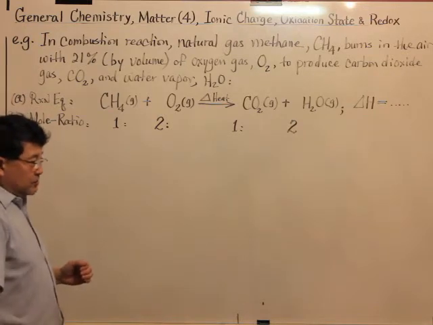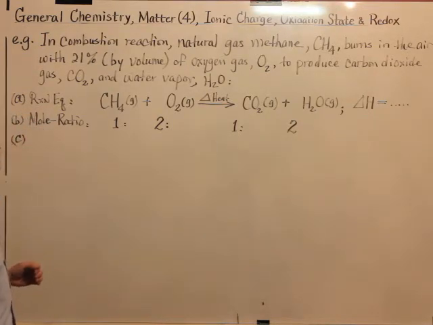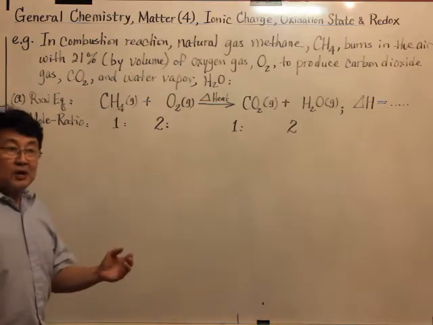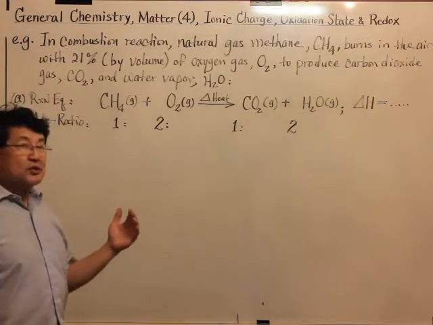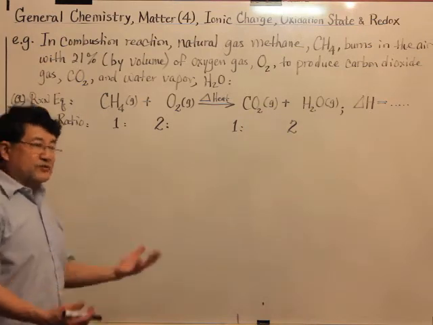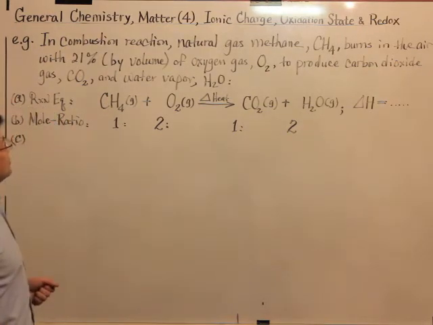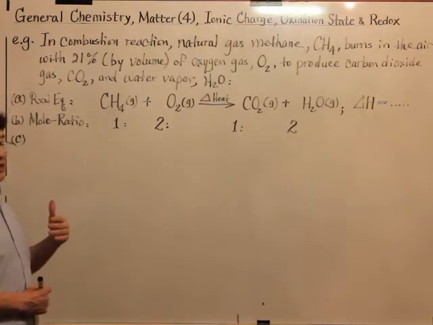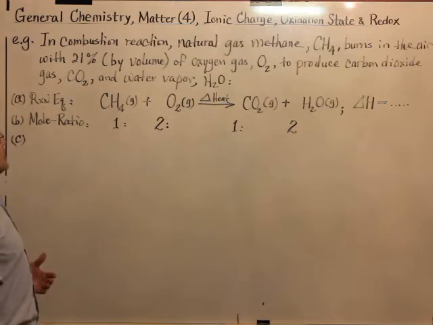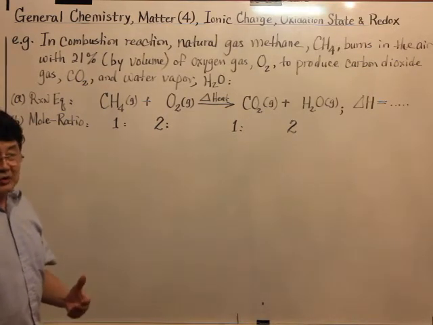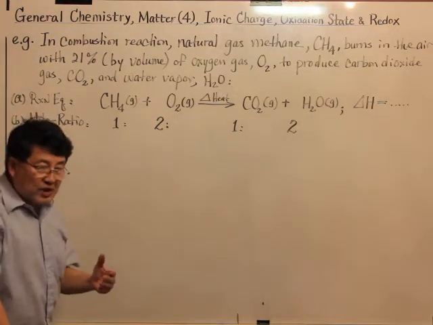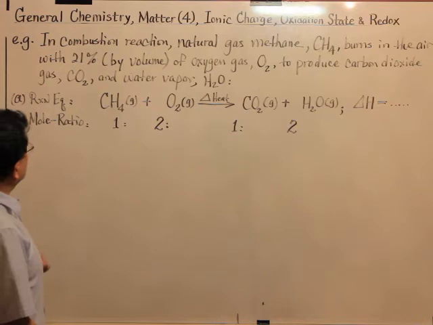And we also need to know where the electron goes, who the electron donor is, who the electron acceptor is during this transition of electron transfer. And then we will briefly introduce the whole situation as a concept called the redox reaction. It stands for reduction and oxidation reactions. So let's get into this concept.